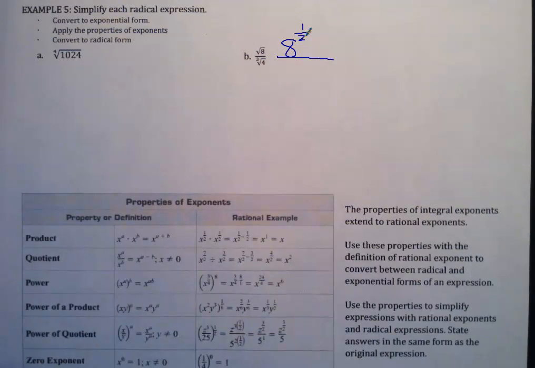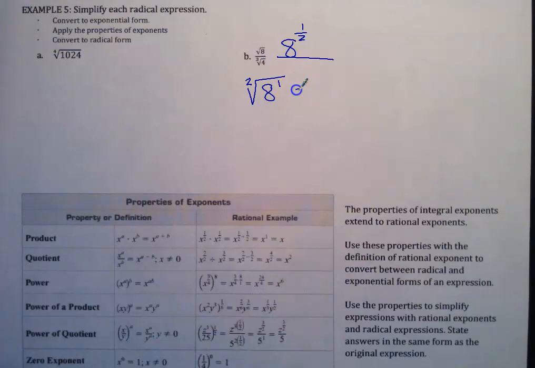Okay, so 8, right, we have the square root of 8. So what exponent is on the 8 right now? There isn't one. Well, there is one, but we don't ever write it. It's kind of like when we write a whole number, we never write the denominator. It's just 1. And so in a square root, what's the index? A 2. Again, we don't write it, but it doesn't mean it's not there.